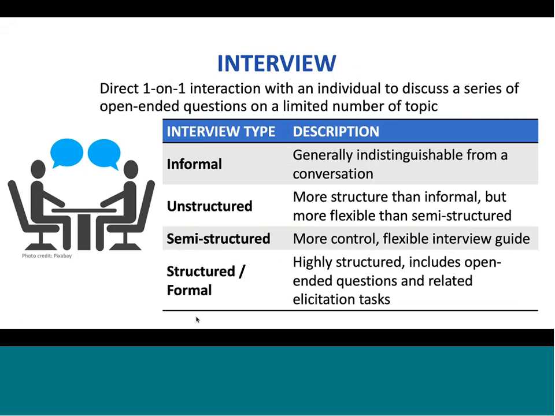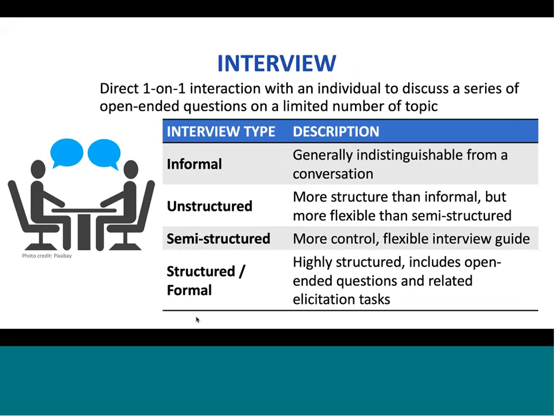Different from observations, we have interviews or stakeholder interviews, and these are direct one-on-one interactions with an individual to discuss a series of open-ended questions on a limited, focused number of topics. When I talk about interviews, we're going to talk about them from the least structured to the most.